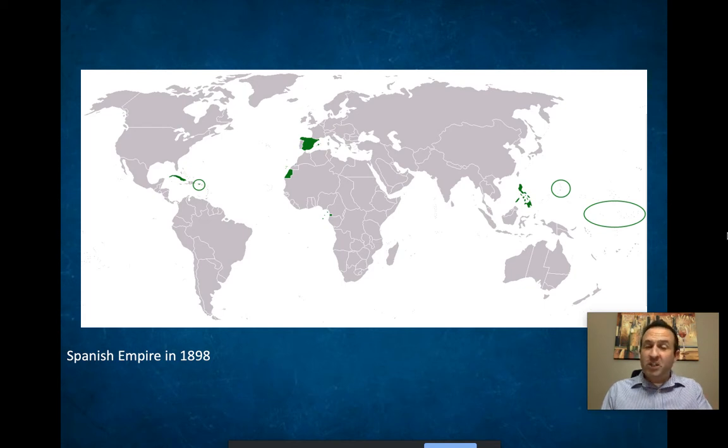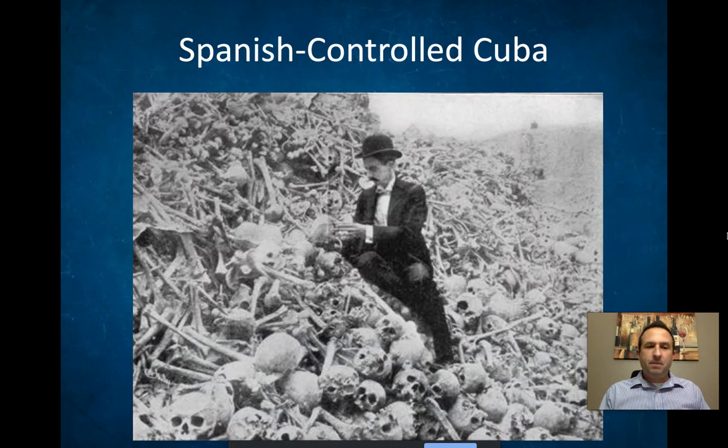Not all fighters, but just people. 500,000 Cubans from their homes and put them into fortified camps, wherein 200,000 of them would die of disease and starvation. It was devastating to the Cubans.